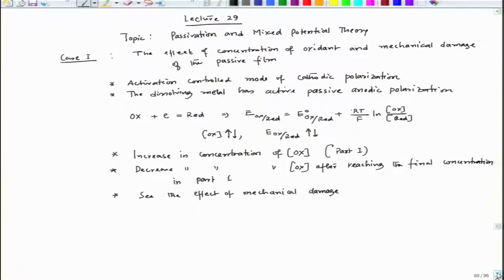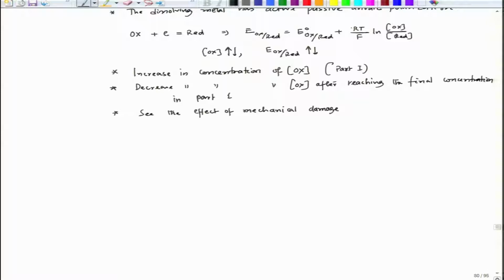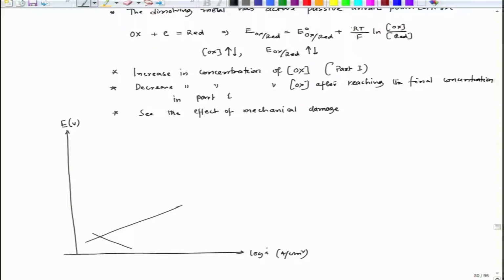Now, in order to do that, we have to draw mixed potential theory. So, let us say this is going to be my E versus log I plot, this is ampere per centimeter square, this is in volt. Let me first draw the anodic part of the active passive metal, and here we are considering E transpassive, ECP, and EPP.